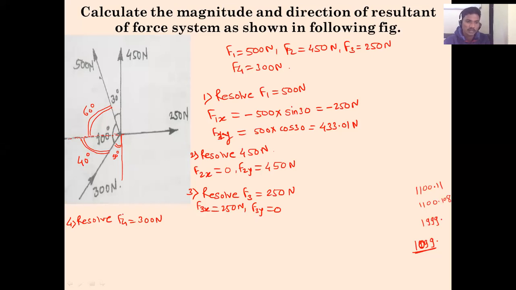So which angle will we take here? 40 degree with horizontal or 50 degree with vertical? That force lies in the first quadrant. Yes, extend the line of action of that force in the first quadrant.